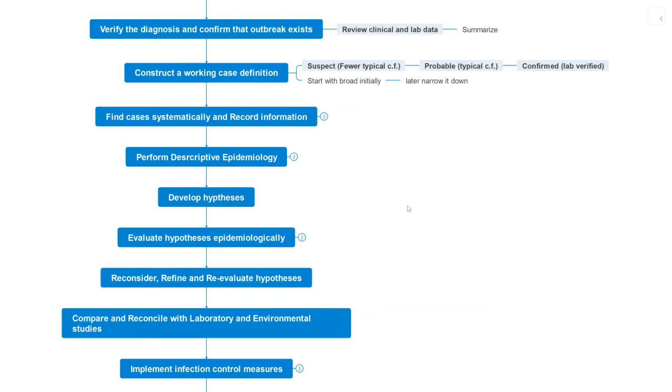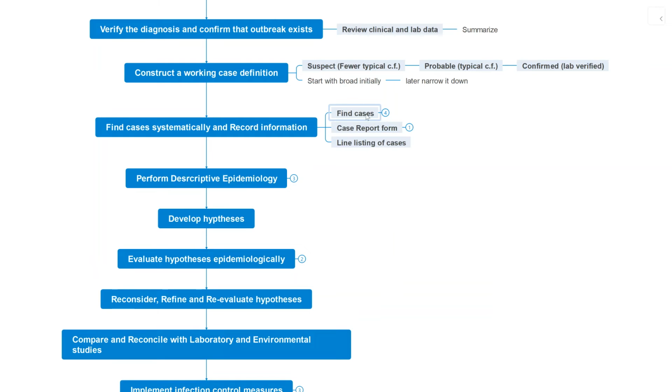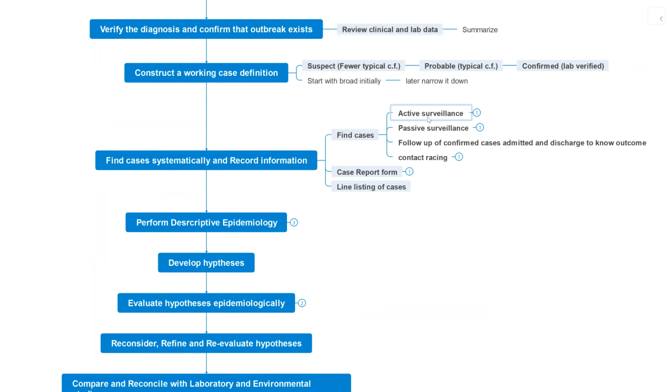Then you have to find these cases systematically and record all the information. For finding cases, we use active surveillance and passive surveillance. We also follow up the confirmed cases which are admitted and discharged, and for which we know the outcome, and contact tracing. Active surveillance of all suspected cases and contacts through field visits should be done.